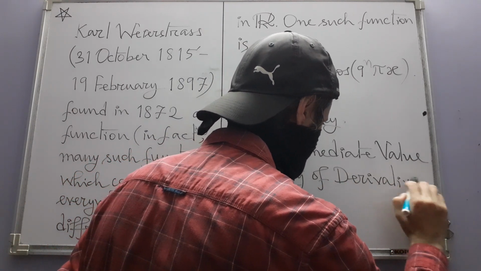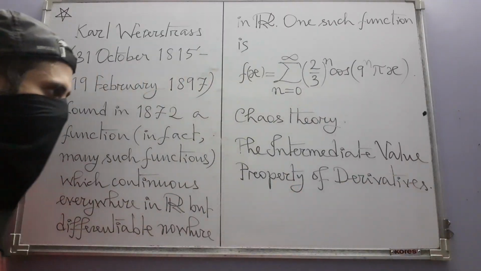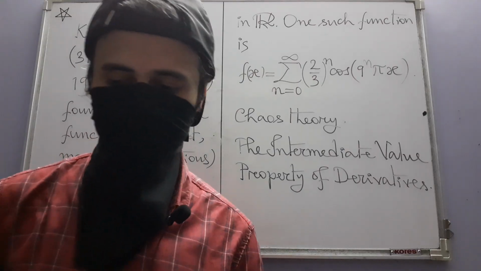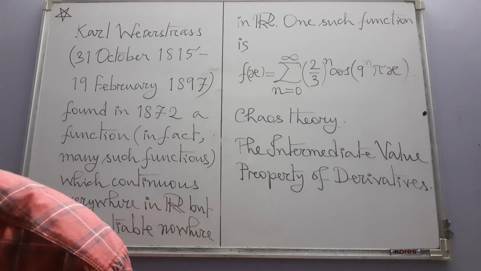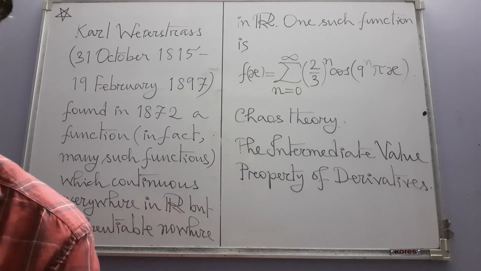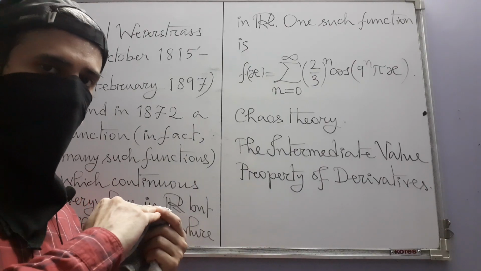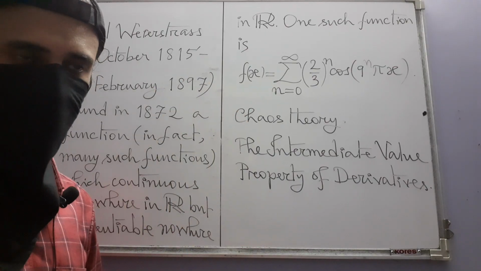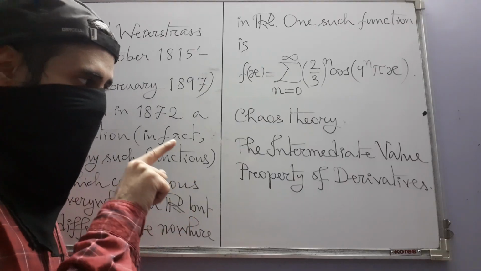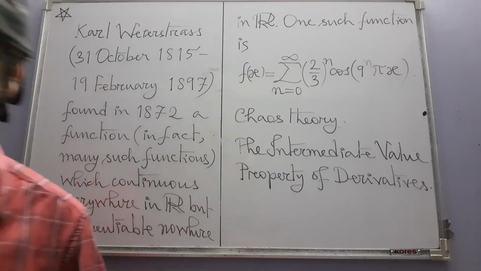We already know about the intermediate value theorem, which says that if a function is continuous and takes two values at two points, then it also takes on the intermediate values. So such a property is also true for derivatives.